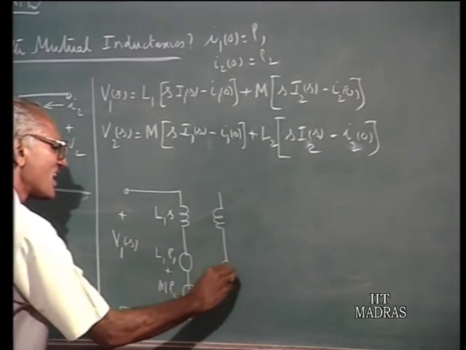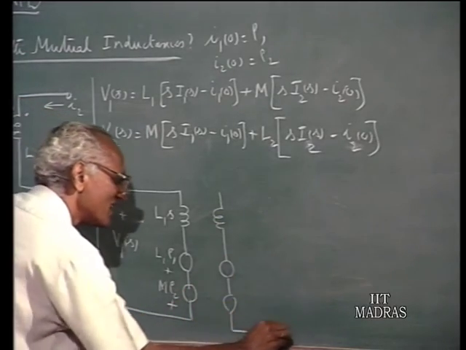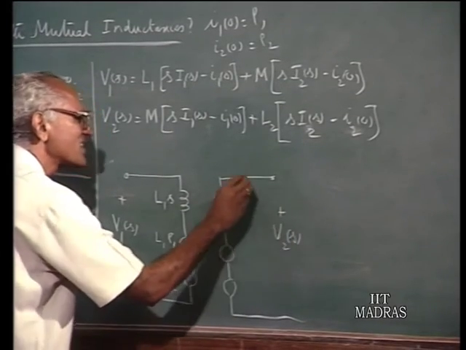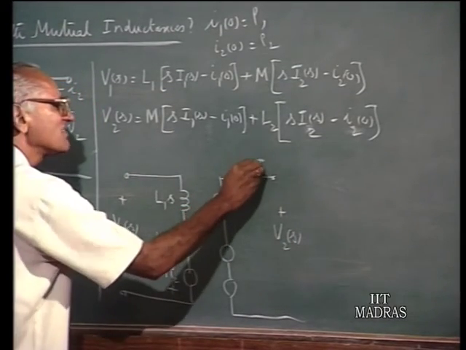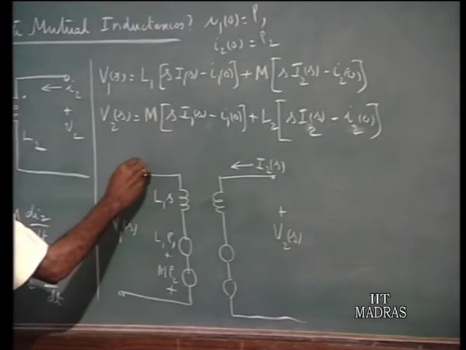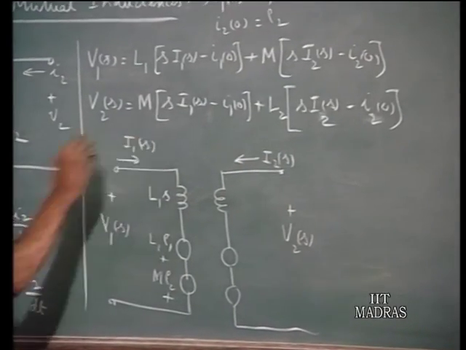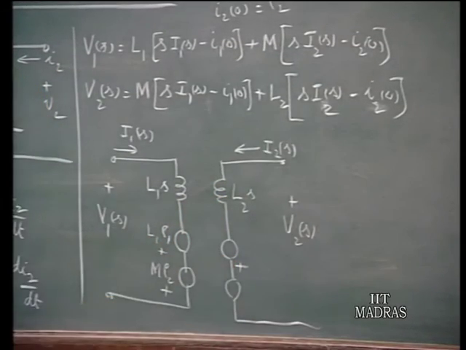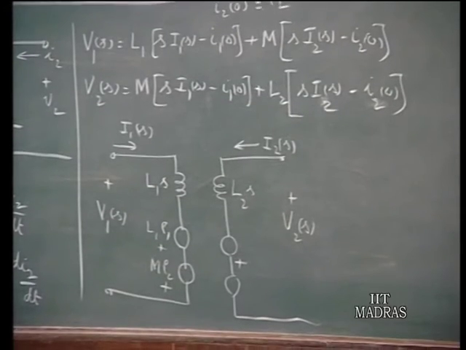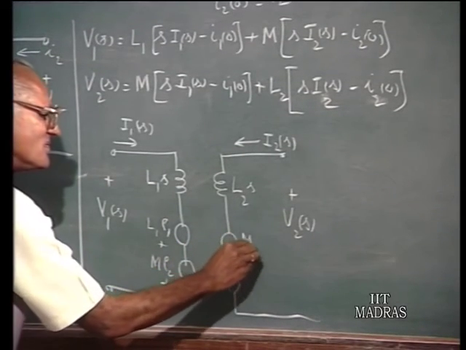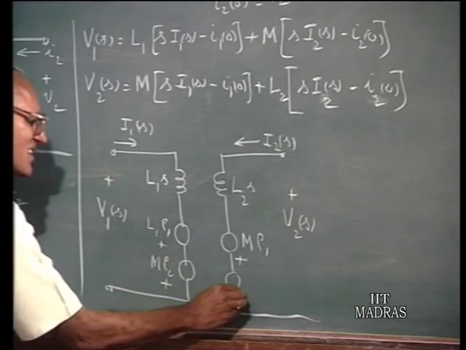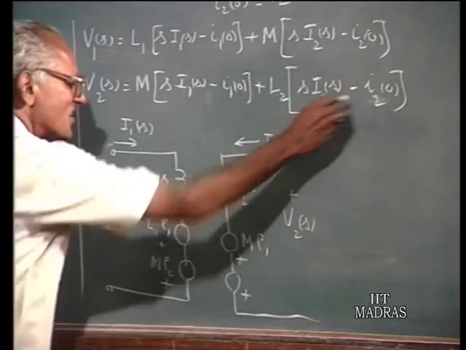The second coil likewise will have a representation like this, where V2 of S is the terminal voltage and the current is I2 of S, and the Laplace transform of the current here is I1 of S, L2 S, and then here you have once again minus M I1 0, that is M times rho 1, and here you have L2 times rho 2.